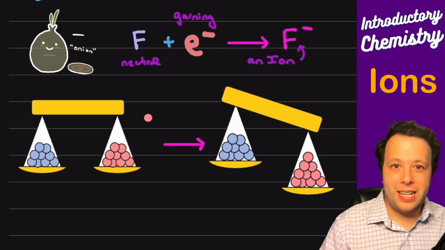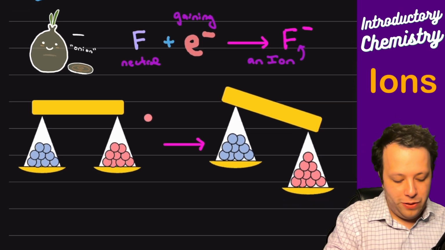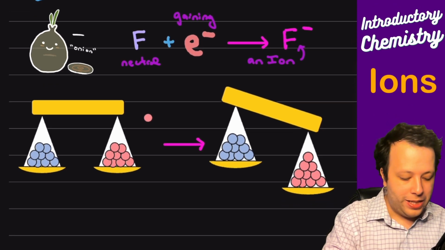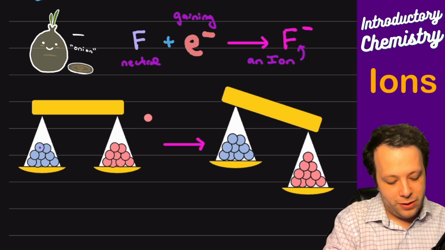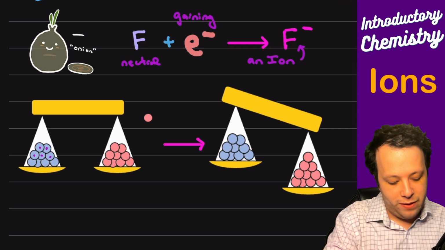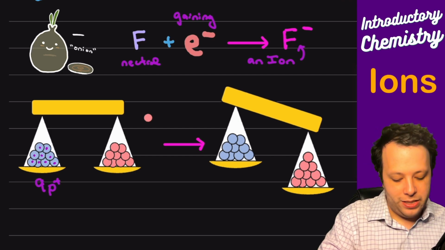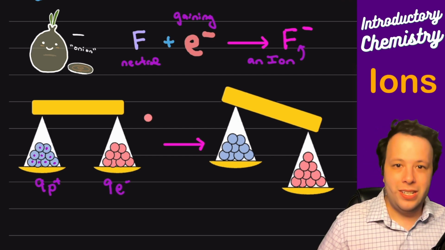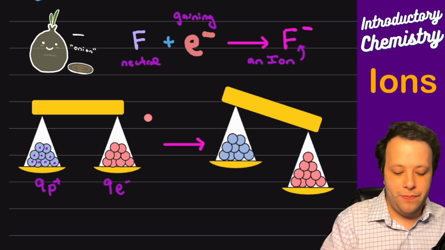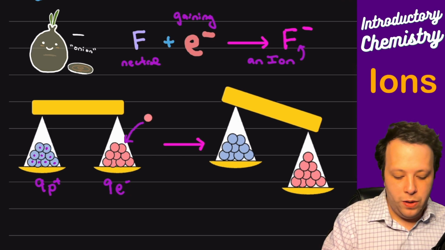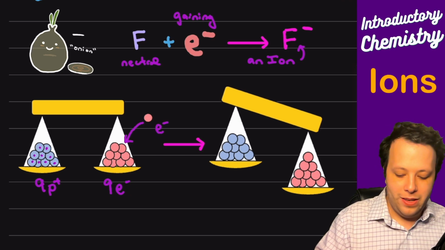So how exactly does this work? Well, if you think of fluorine and we were to count all the little orbs it has, we have 1, 2, 3, 4, 5, 6, 7, 8, 9. That means it has 9 protons. And as it's neutral, it has 9 electrons. So if it gains 1 more electron, what's going to happen?